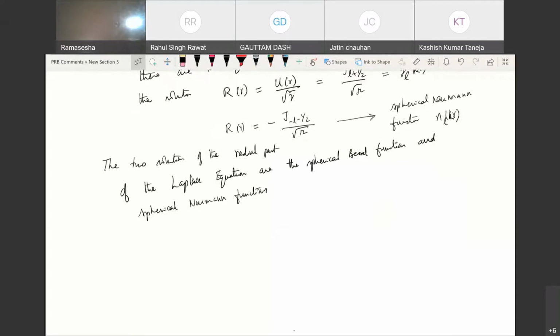We have learned the solution is the solution. But this J L, k r, Y L M theta phi is the solution.